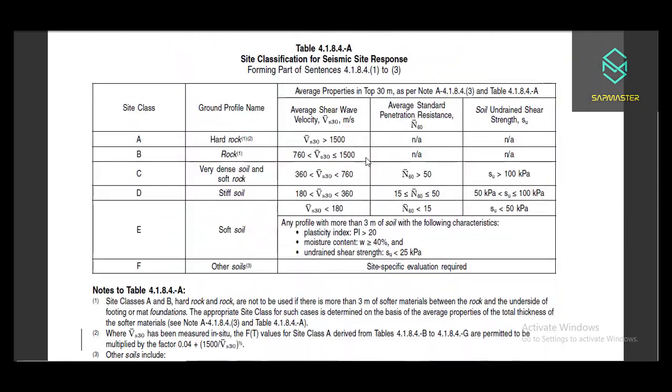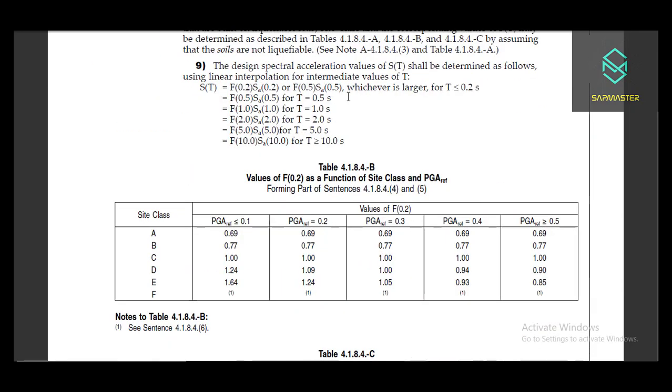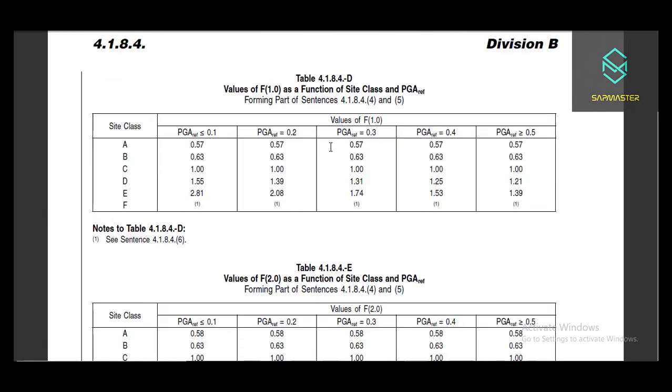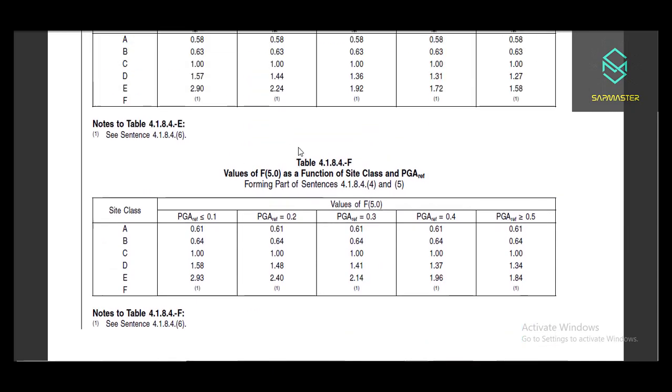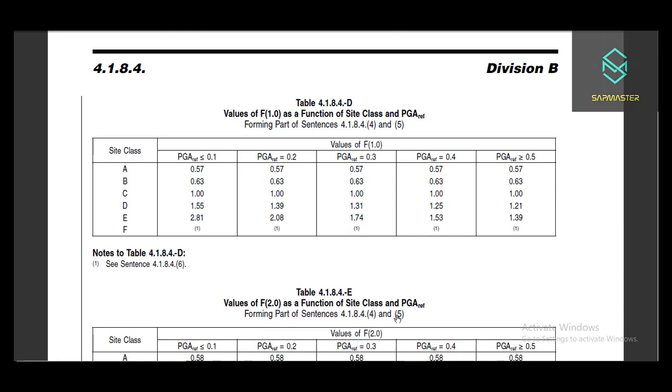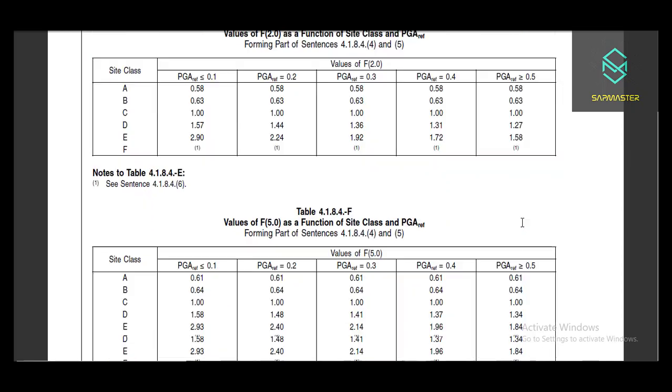So we have to go down and try to look for the different parameters that you're looking for. Here it should be somewhere around here. So as you can see, the FA, which I told you, is always equal to 1 for site class C. For each different time period, as you can see, it's always equal to 1.